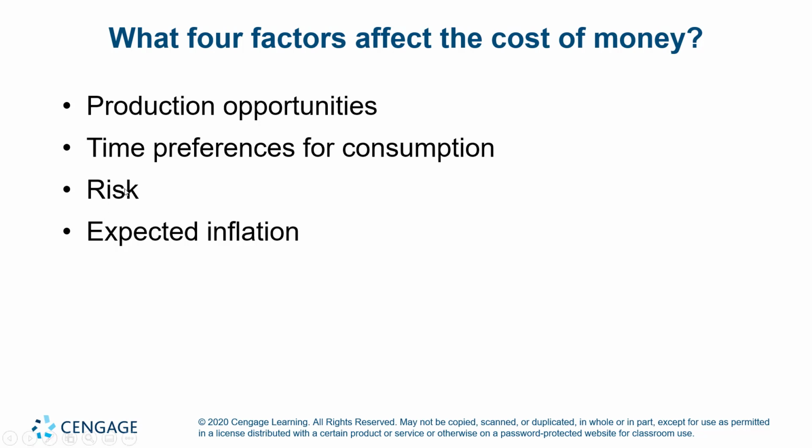And in order to mitigate the risk, the government comes up with low interest rates. They lower the interest rate so people can borrow and invest in the economy, and the economy gets the stimulus. Time preference for consumption also affects the cost of money, because if you don't have a time preference for consumption, then probably you will save more for the future. Production opportunities also matter: if there are fewer production opportunities, that affects the cost.